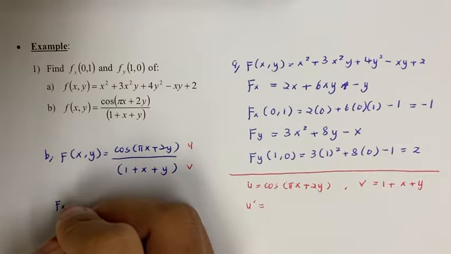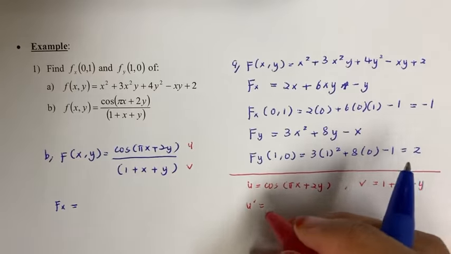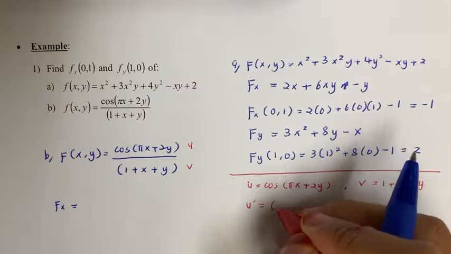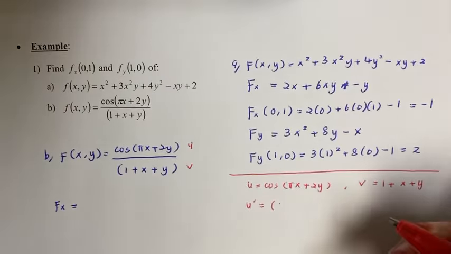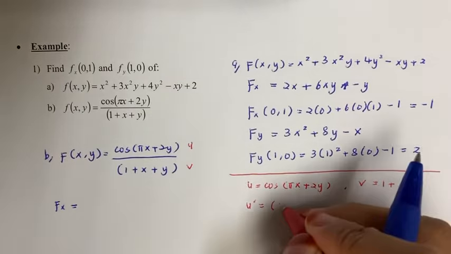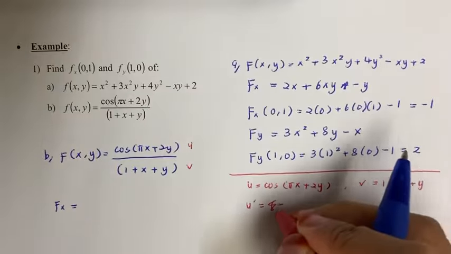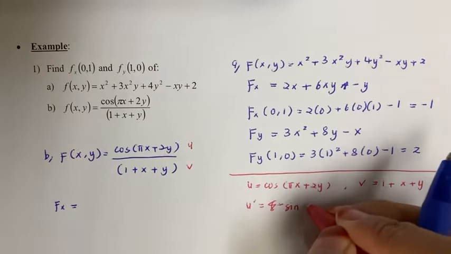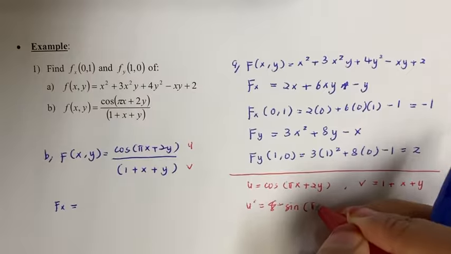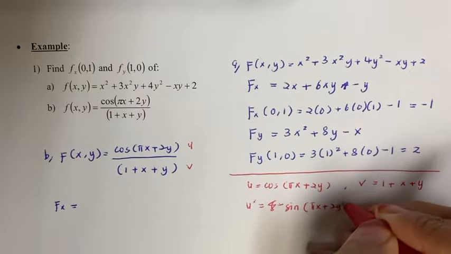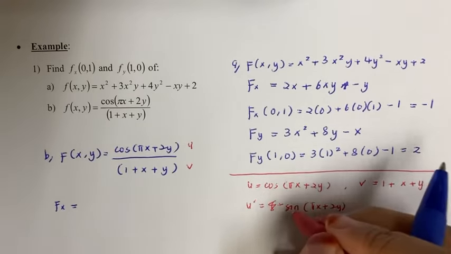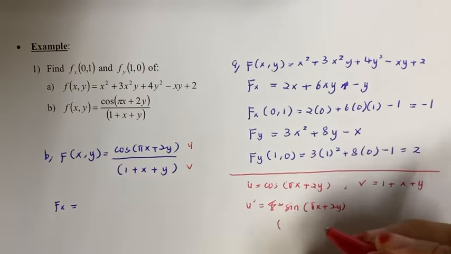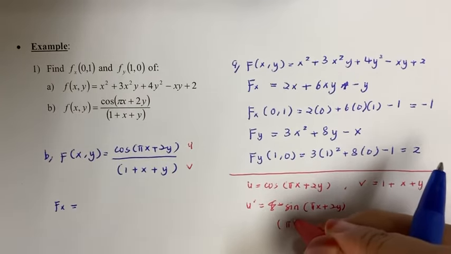Okay, for fx, u prime becomes minus sine(pi x plus 2y) multiplied by pi.